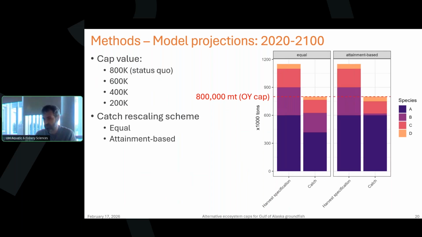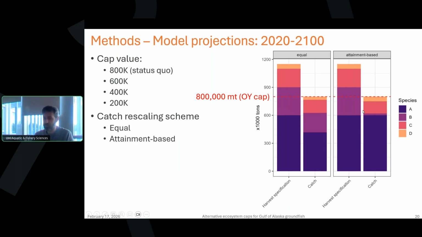Something that is maybe closer to a conceivable process is to do that based on attainment. Same situation, but imagine that of those 4 species, you have 2 where you really want to keep your attainment high. You want to catch them as close as you can to the single species harvest specifications, like the deep blue here and the orange there.